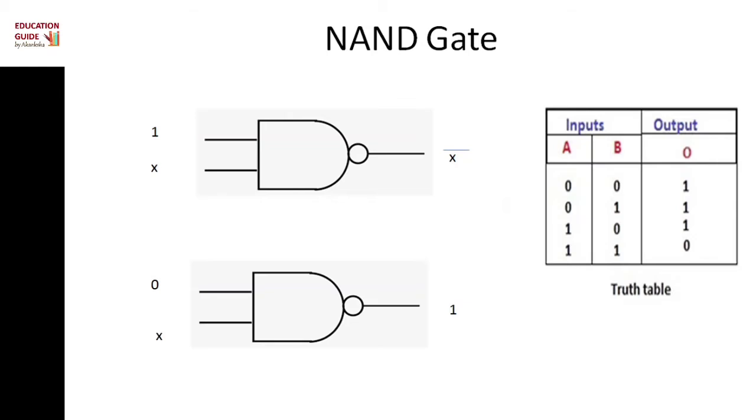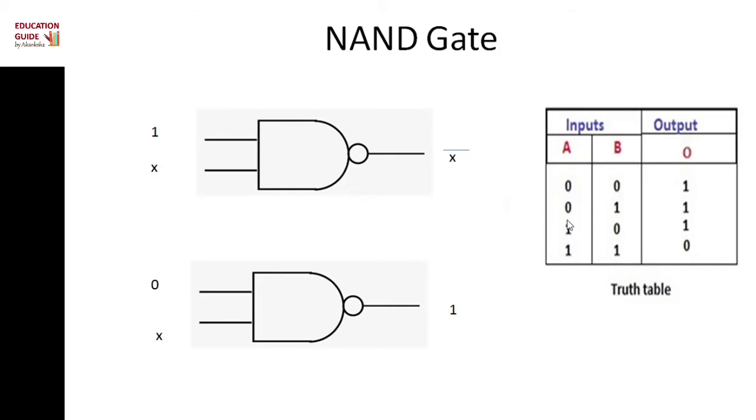To understand the flip-flop, we need to know the NAND gate, its truth table and some functionality of the NAND gate. If we give input 0 0, then we get output 1. If we give input 0 1, then we get output 1.